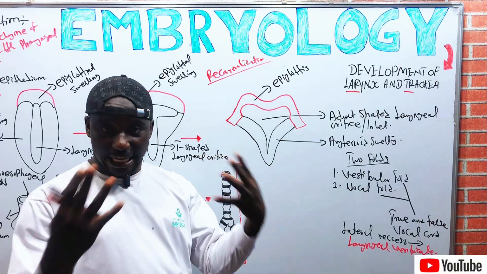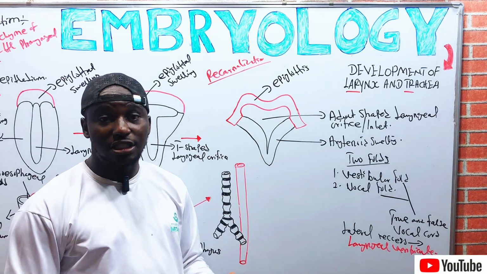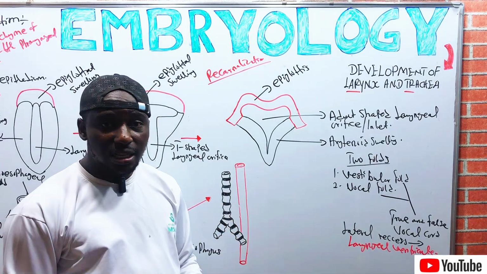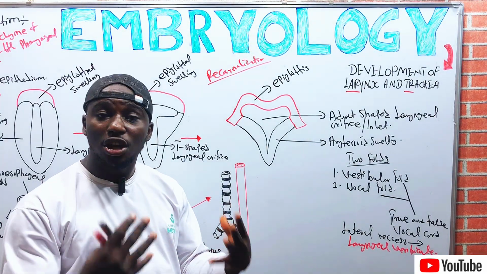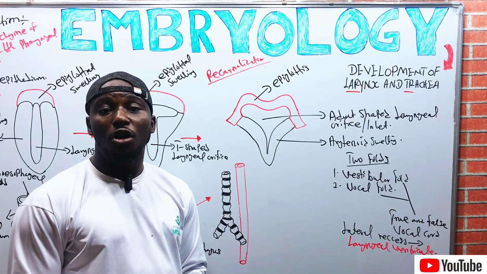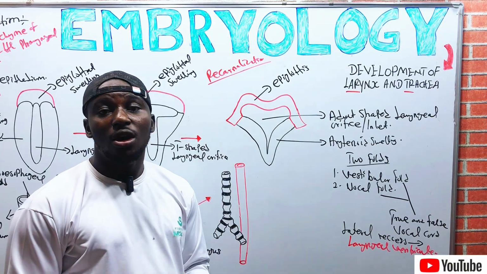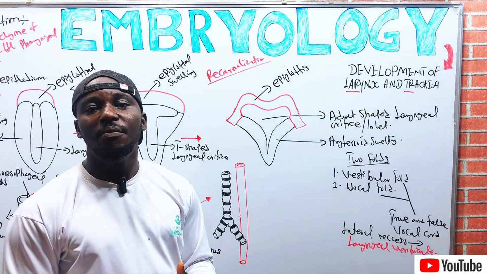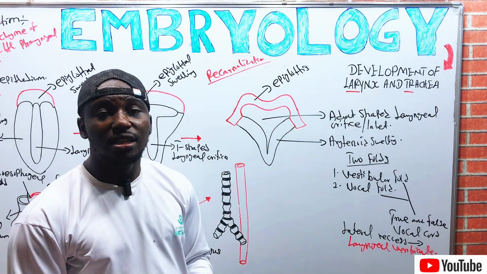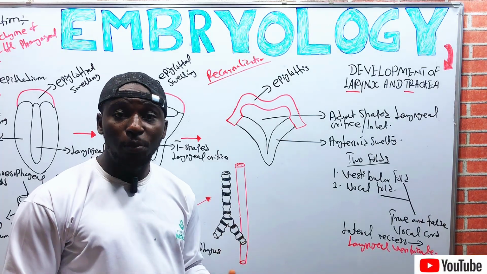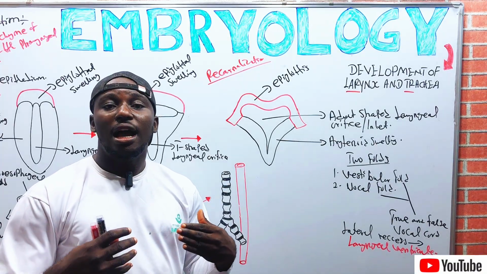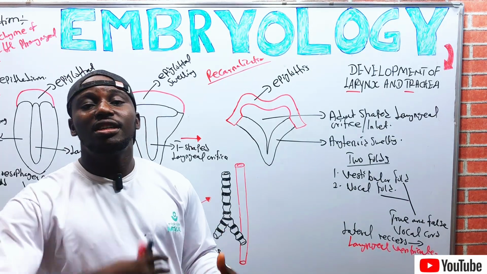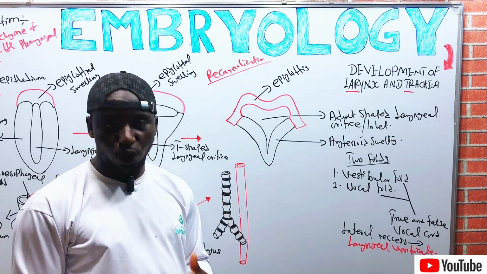Now, you have to understand that all the cartilages of the larynx, such as the thyroid cartilage, the cricoid cartilage, the arytenoid cartilage, and the cuneiform cartilage, develop from the mesenchyme of the fourth and sixth pharyngeal arch, except the epiglottis. The epiglottis is developed from the caudal aspect of the hypobranchial eminence, which is cranial to the laryngotracheal groove, right?